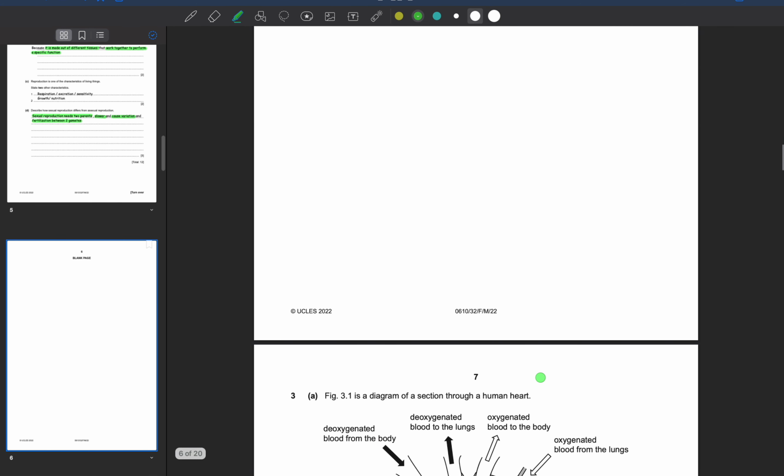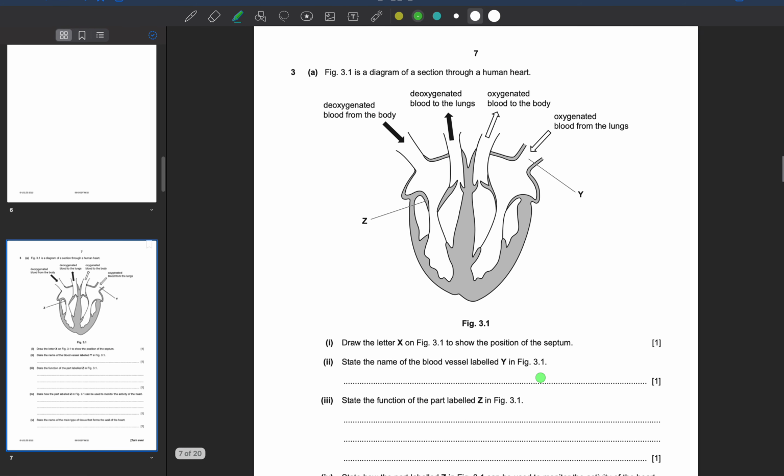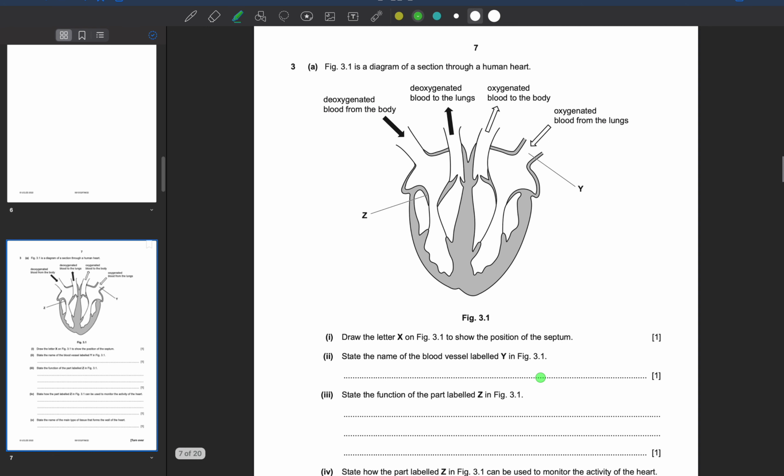Next question. Figure 3.1 is a diagram of a section through a human heart. Here I have the shape of the heart, and he has also marked arrows on the blood vessels.